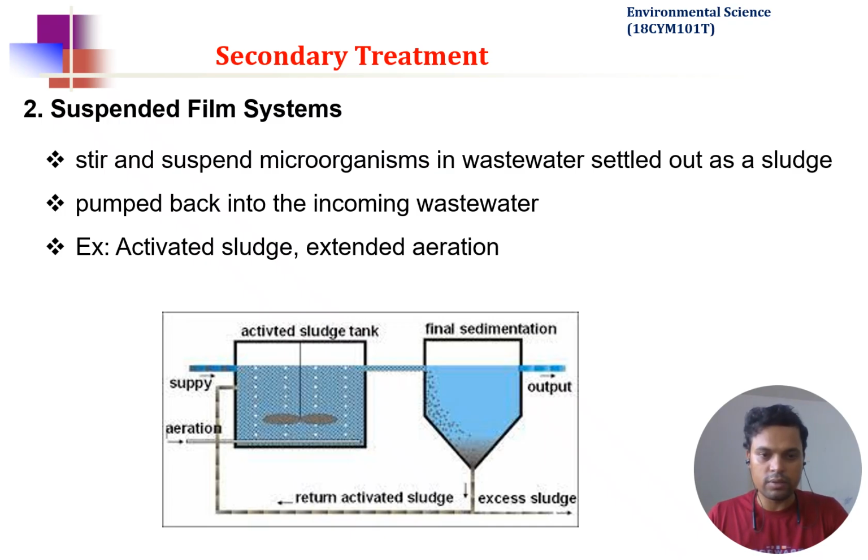Then it is sent to the sedimentation tank. You can see that clear water will stay on the top, and these microorganisms will be a little bit heavier, so they will settle down at the bottom, and then the clear water will come out. Whatever settles down in this tank, you can take it back to the aeration tank. We call this return activated sludge. So you don't have to grow the microorganisms all the time.